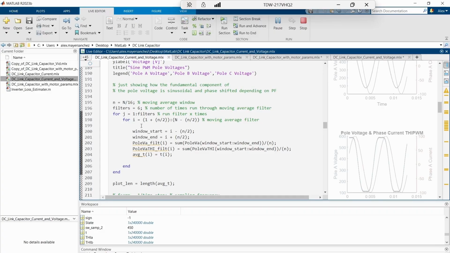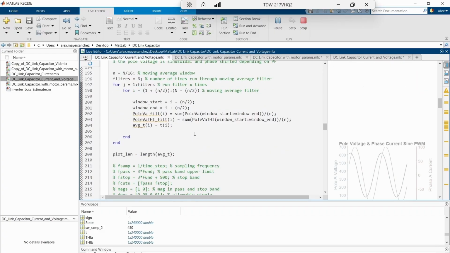But running it through this for loop just takes a lot of time. So this takes a while to load.